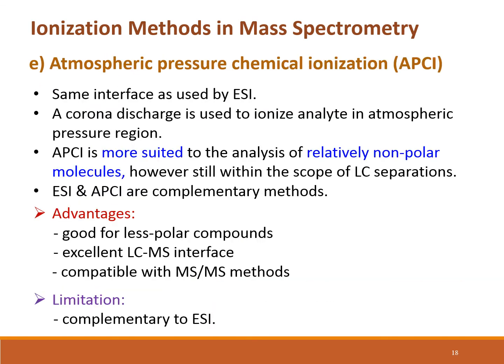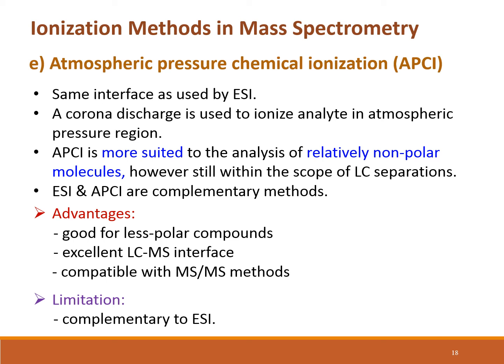The next one is atmospheric pressure chemical ionization, APCI. It uses the same interface as used by ESI. A corona discharge is used to ionize analytes in the atmospheric pressure region. APCI is more suited to analysis of relatively non-polar molecules, however still within the scope of LC separations.